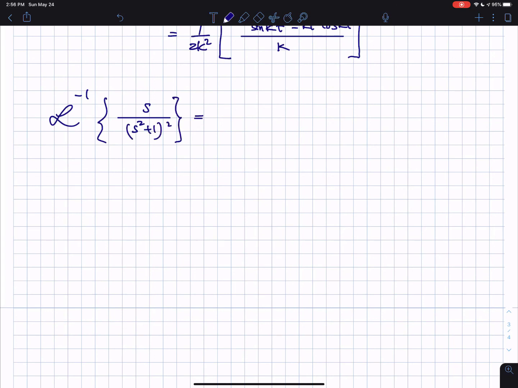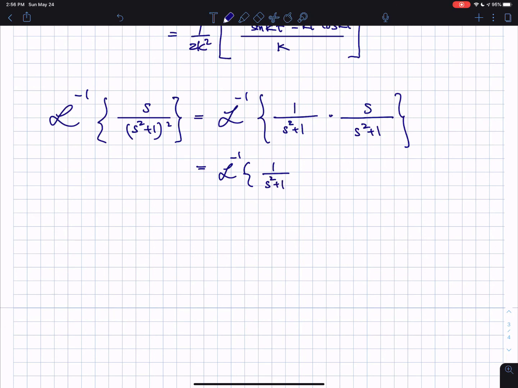That's just the Laplace inverse of 1 over (s squared plus 1) times s over (s squared plus 1). So it's the Laplace inverse of, again, a product of two functions, f of s times g of s, which will be the Laplace inverse of 1 over (s squared plus 1), which is f of t, convolved with the Laplace inverse of s over (s squared plus 1), which is g of t.